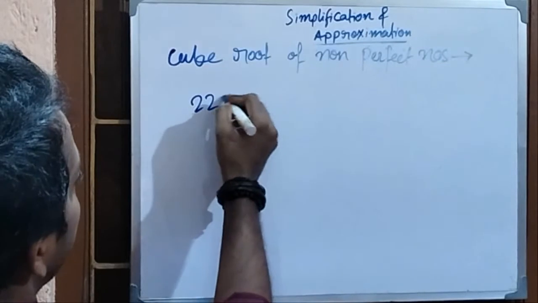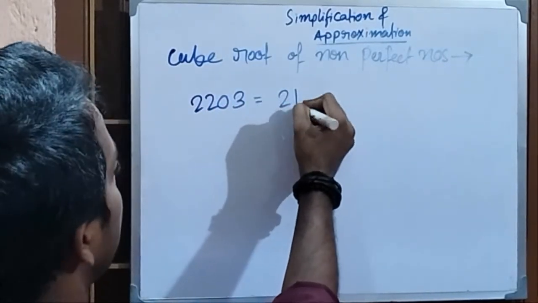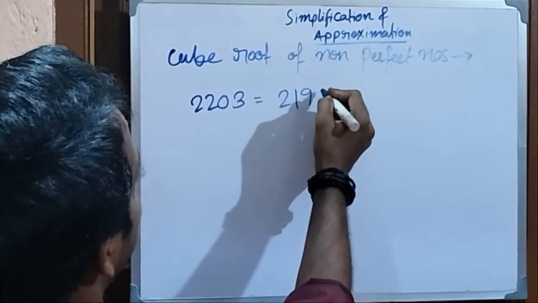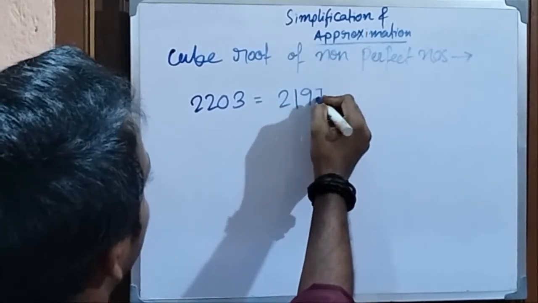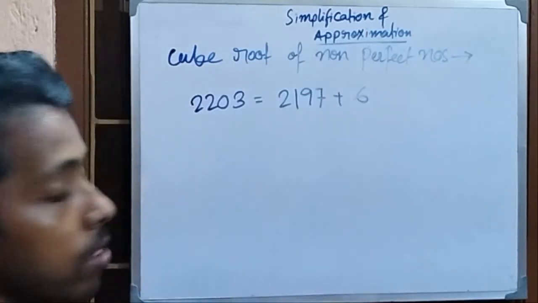Okay, moving to the next example, what value should I take? 2203. So the closest perfect cube number is 2197 plus 6, right?